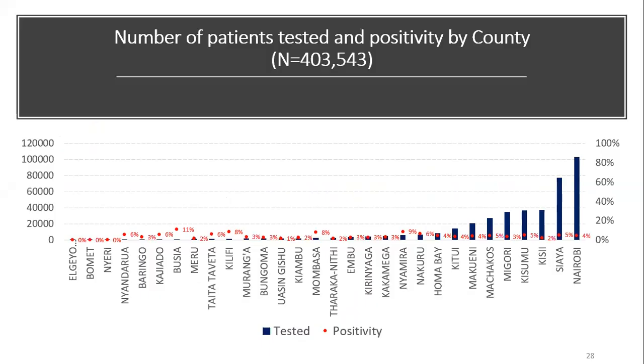And these are the number of patients that were tested. And here I just wanted to compare the data volumes. So during that period, we had over 400,000 people who were tested. When we look at the counties on the extreme right, and also the yield or positivity, you'll see that it reflects more of what you would see on the ground when it comes to the actual number of people tested, and also the positivity.